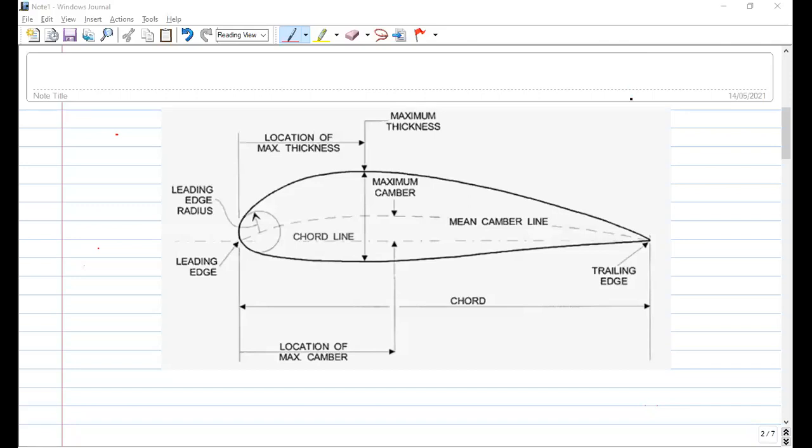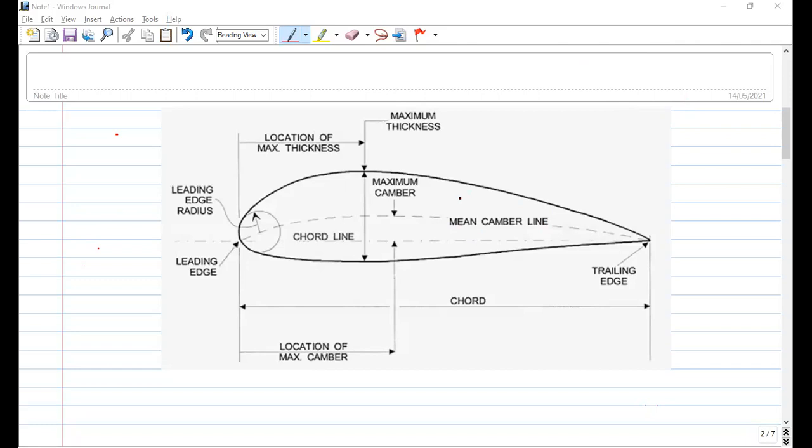So next is the mean camber line. So what is the mean camber line? Yung mean camber line natin is the line joining the leading edge and trailing edge of an airfoil. Ito siya. Equidistant siya from the upper and lower surface.